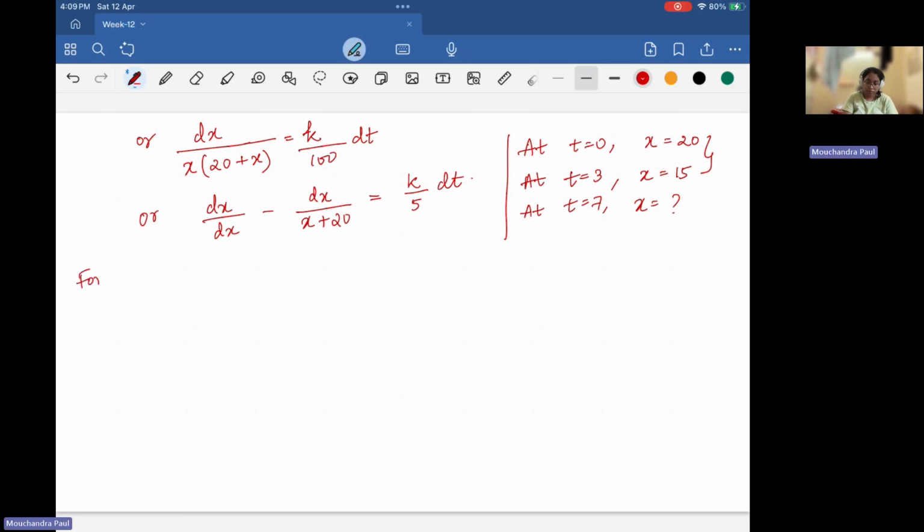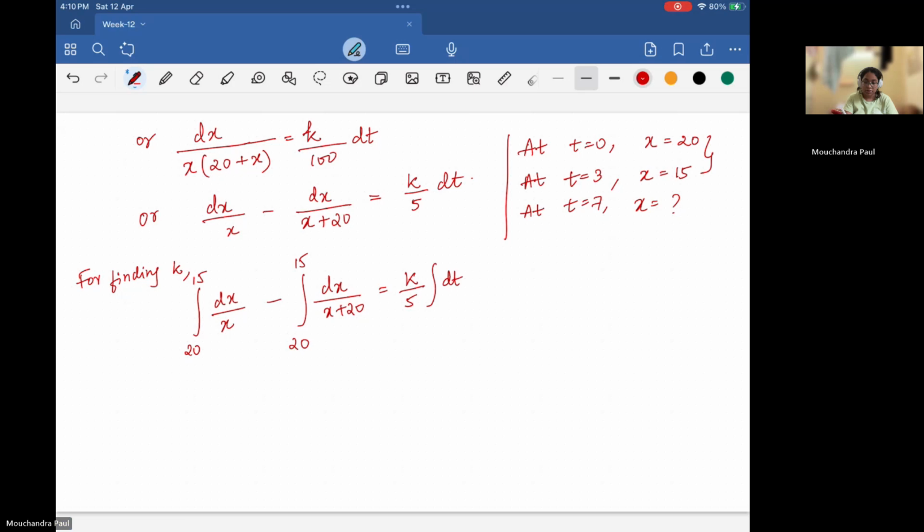So for finding k, let's integrate between x 20 to 15, dx by x minus dx by x plus 20, k by 5 is constant, into 3.